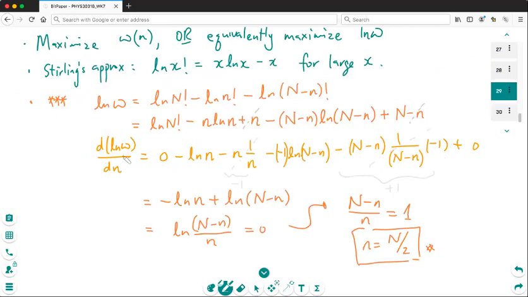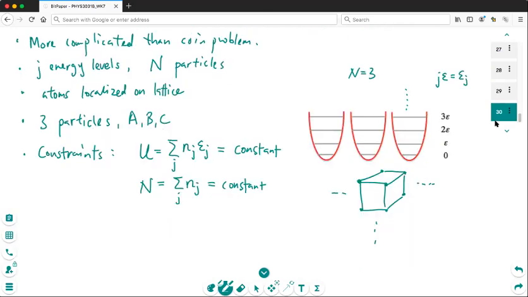D log omega has to be 0. So I need to optimize that subject to 2 constraints, and this is the mathematics of the Lagrange multiplier. We are going to do these multipliers eventually, and then we will get the equilibrium distribution subject to these constraints.